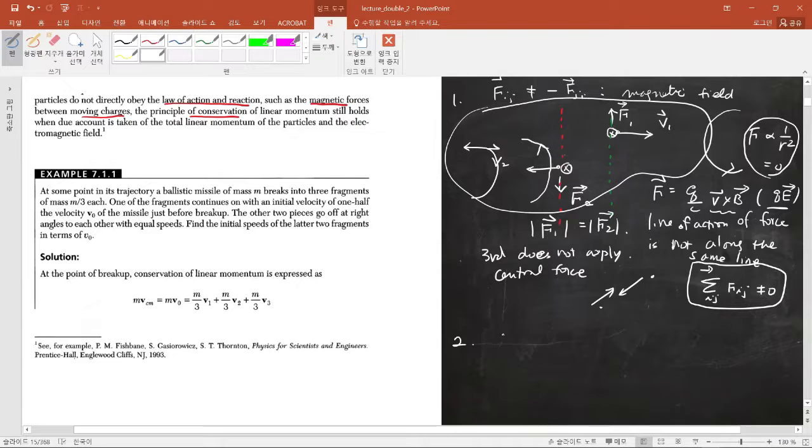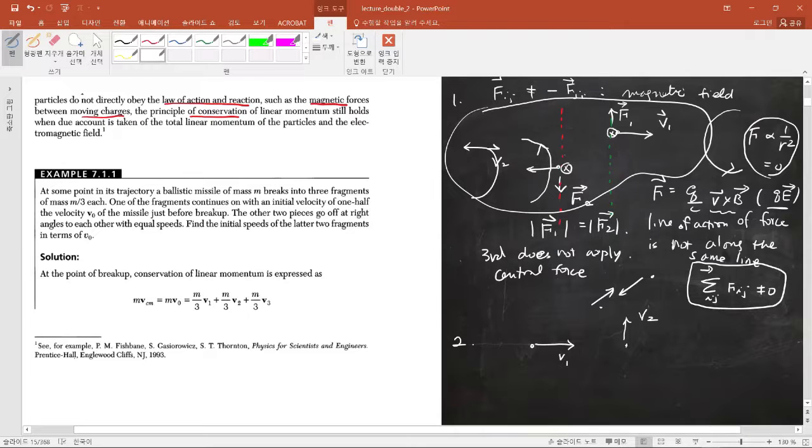Okay, so that is the first example, and the easier example is like this one. Here F1 and F2, the magnitude is the same, but we can consider cases where even the magnitude is not the same for magnetic forces. For example, if you have a proton or a charge moving in this direction, let's call it V1, and another charge moving in this direction, V2.